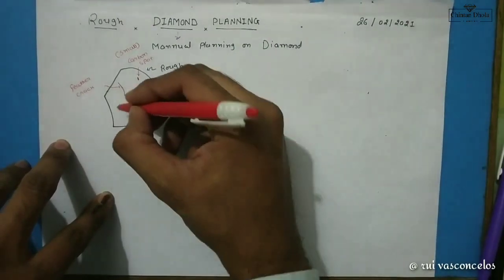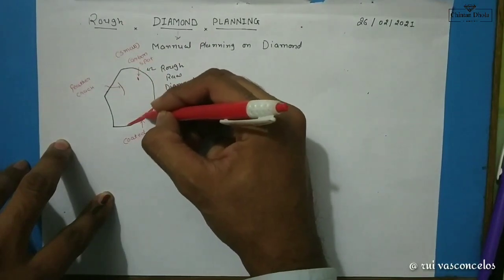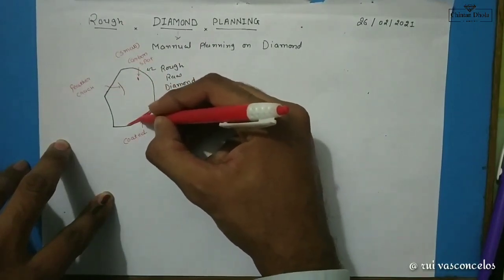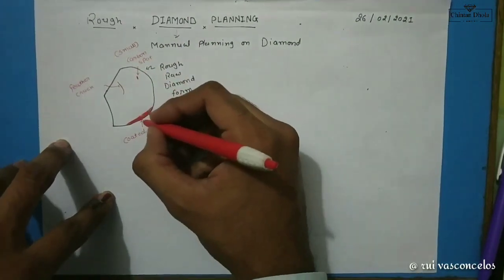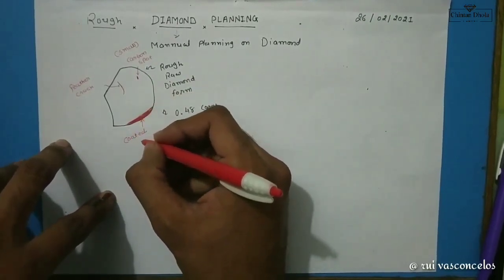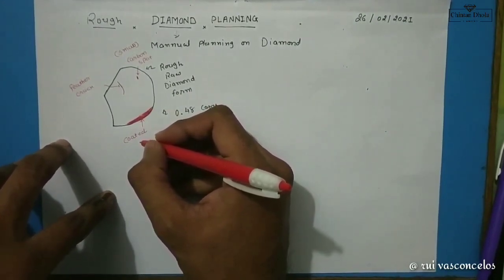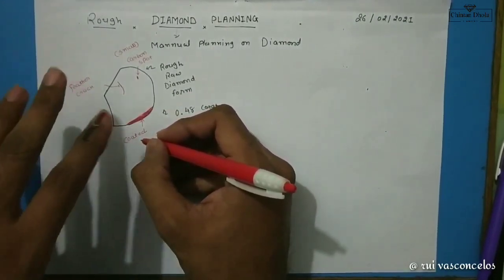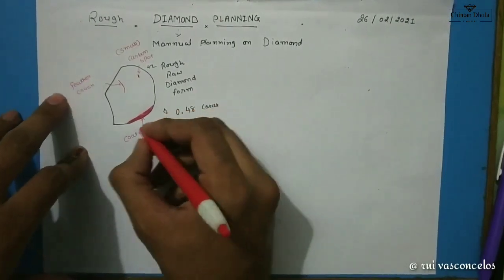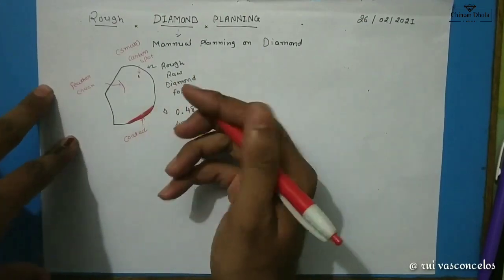If our plan is like that and our culet is going around here, then our culet also has a coated part on it, so that is not possible for any diamond planning. If you do any planning, you have to remove each and every coated part. After that you can do planning.